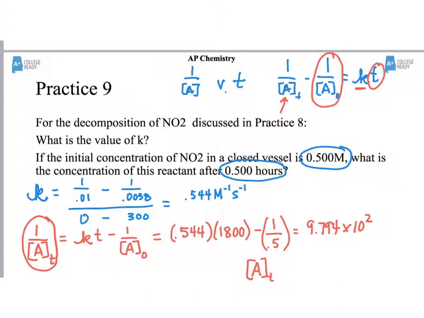So the final concentration after a half an hour is 1.02 times 10 to the negative 3 molar. So we've used the equation for the line, and that allowed us to find the final concentration of the nitrogen dioxide after a half an hour. It decreased because it was a half a molar, and now it's 0.001 molar. Hope that was helpful.